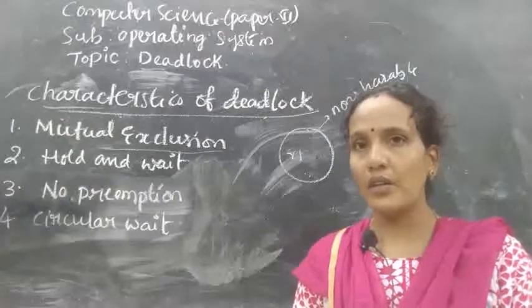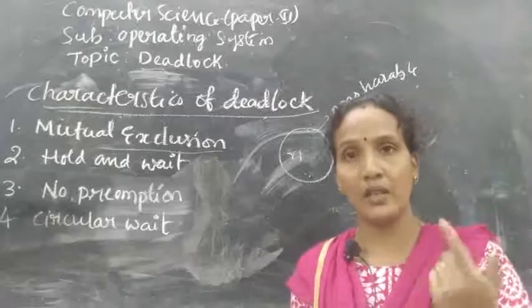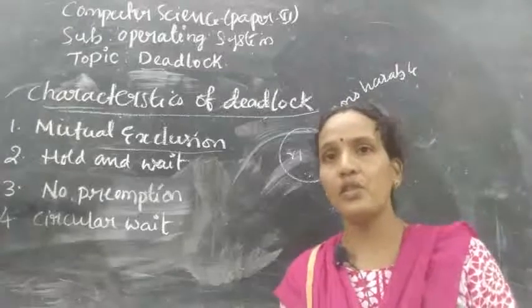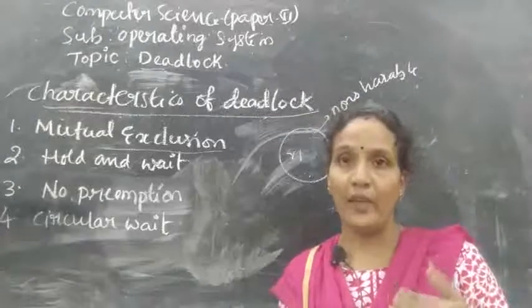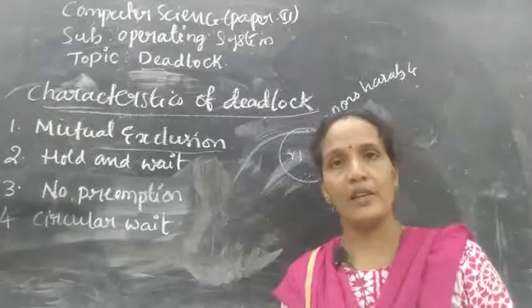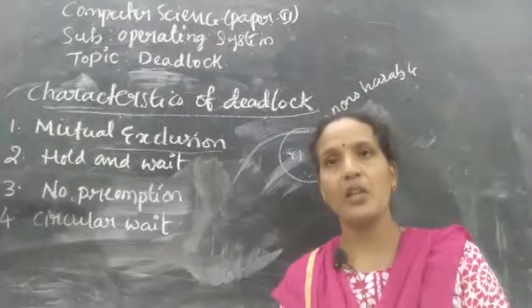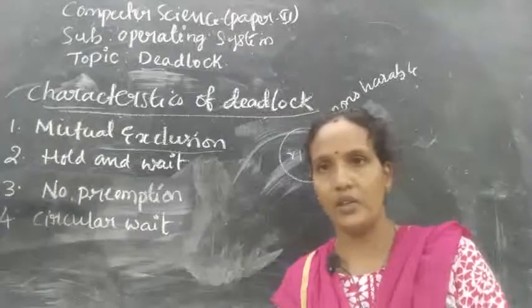Clear? Understood? So whichever process is requesting that resource needs to wait. If the waiting time is long, the process will wait, and it will lead to a deadlock, because that process is never completing its execution, so it will enter into a deadlock situation.